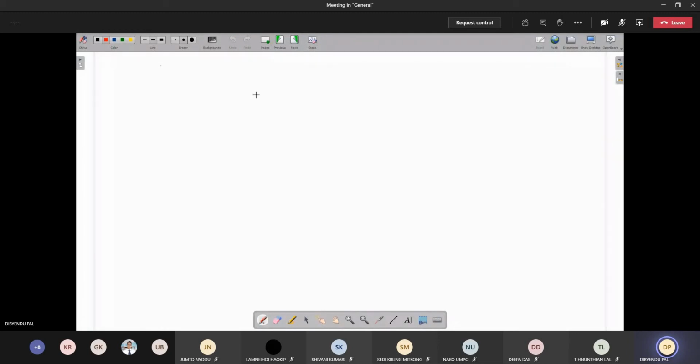What is the equation? n equals t square, that means 1.984 square into s square. What is s?